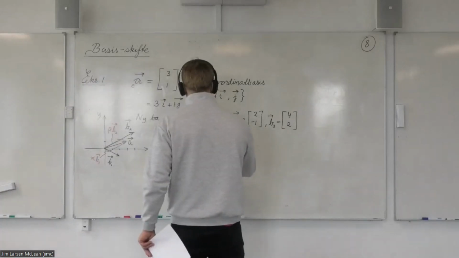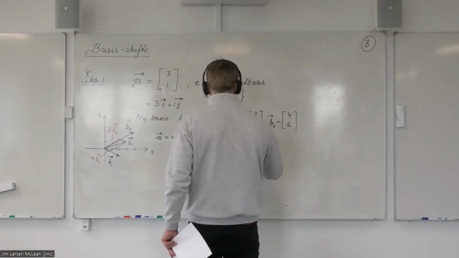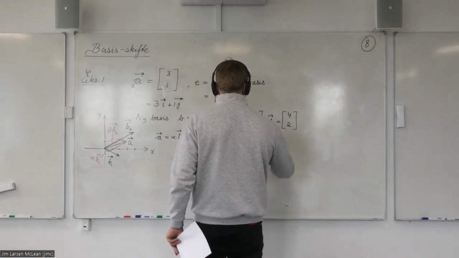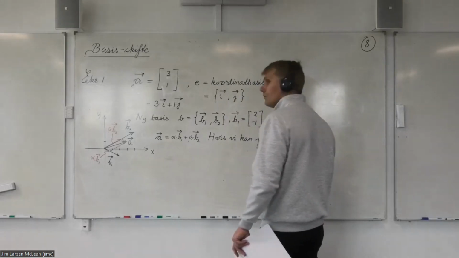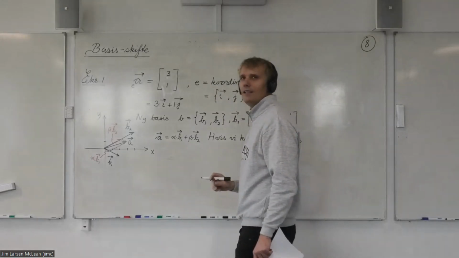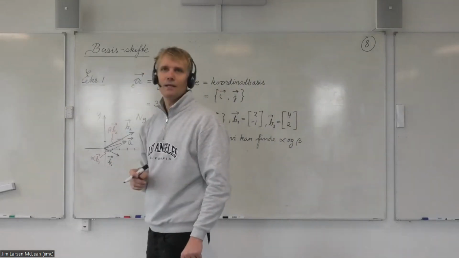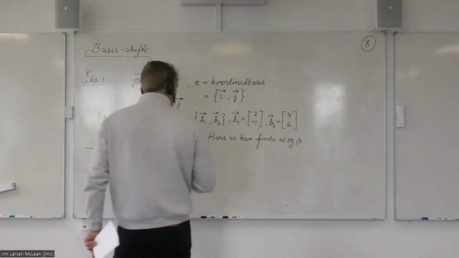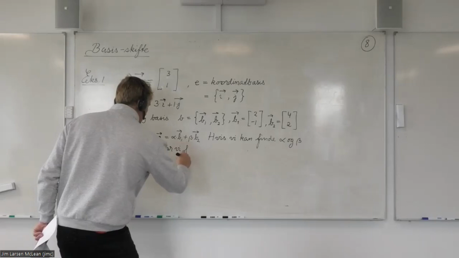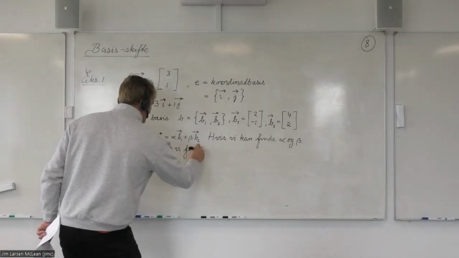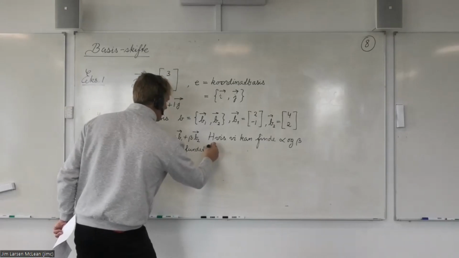So I am writing this here. If we can find alpha and beta, what have we found? Vector A in b-coordinates. Now we have found the column for vector A, but in b-coordinates.